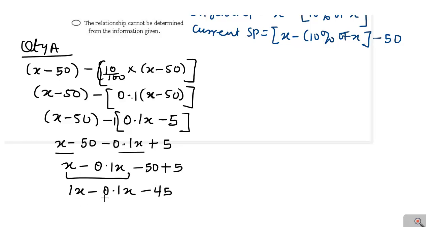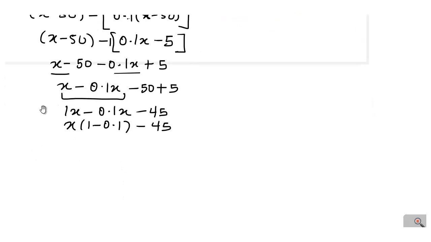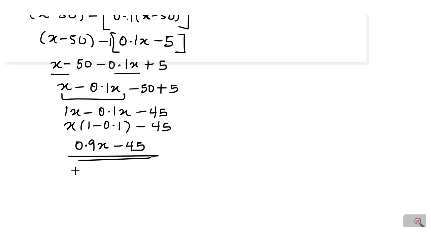If we factor x out, we have x into brackets 1 minus 0.1, then minus 45. 1 minus 0.1 gives us 0.9. So this gives us 0.9x minus 45. This is our quantity A.